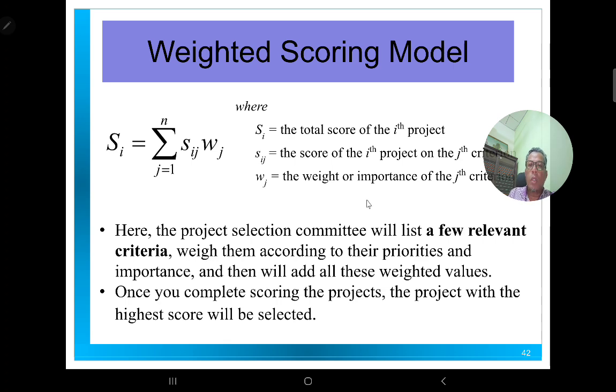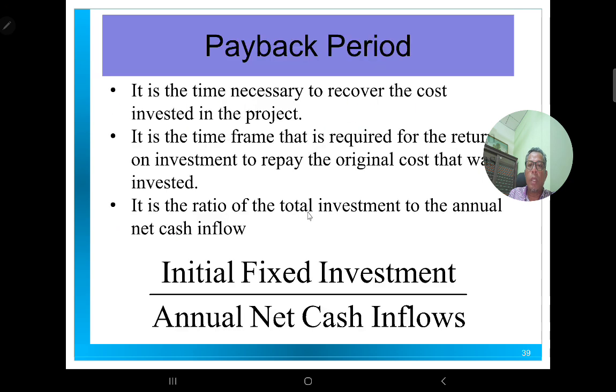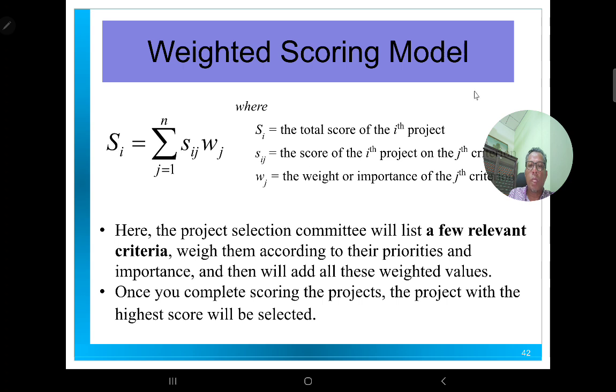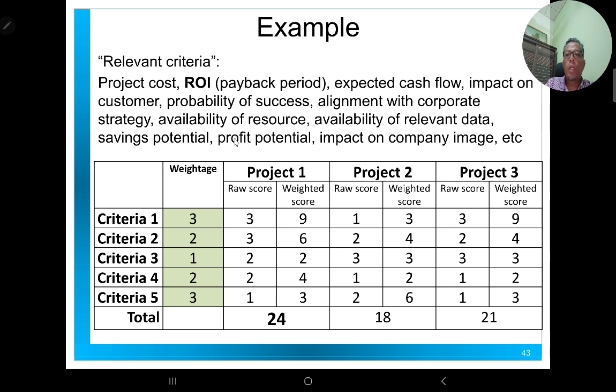Another of the numeric selection methods is based on the weighted scoring model. I won't go through the formula, I'm just going to show you an example. In the table are the important criteria, in this case 5 important criteria for that particular project.